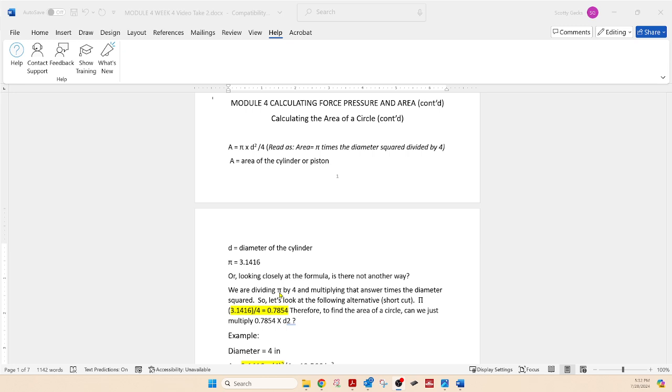I made a mistake, I got the wrong calculator. 3.1416 divided by 4 equals, let's try it.